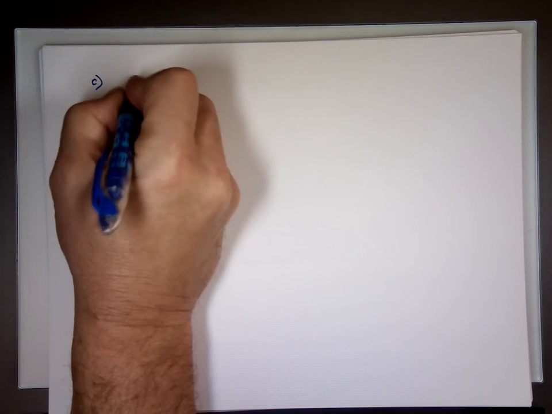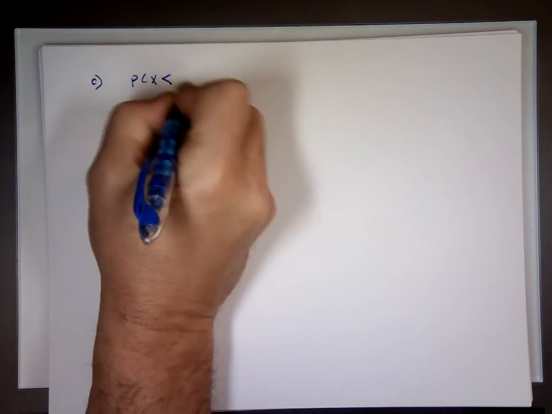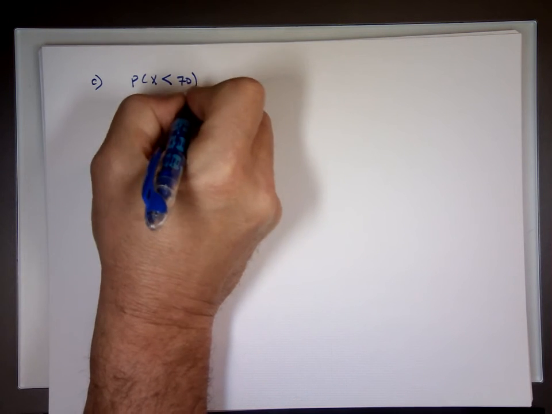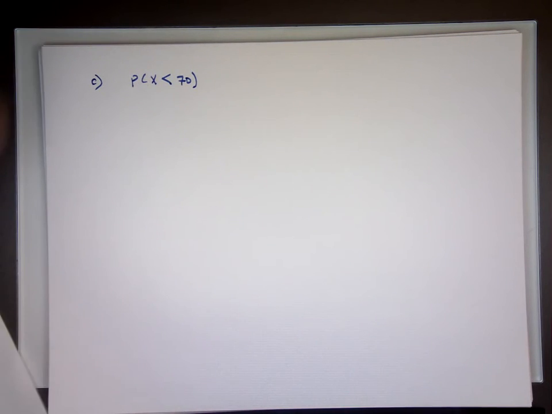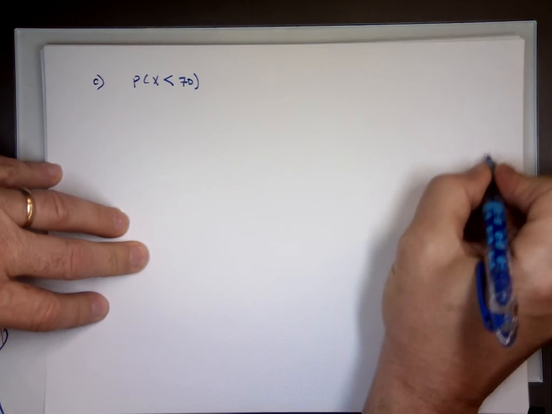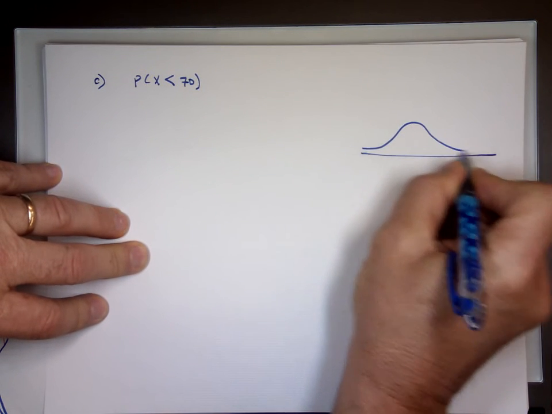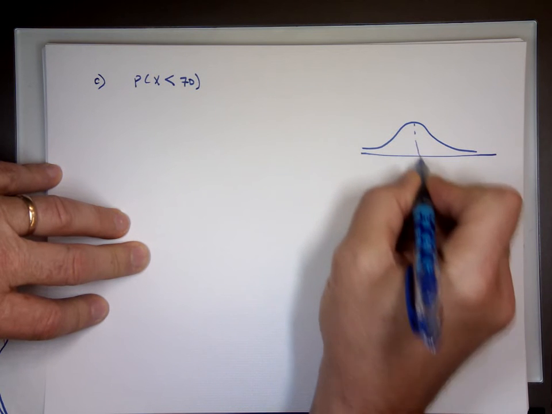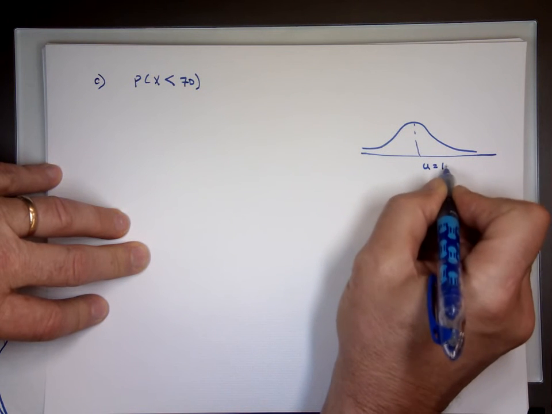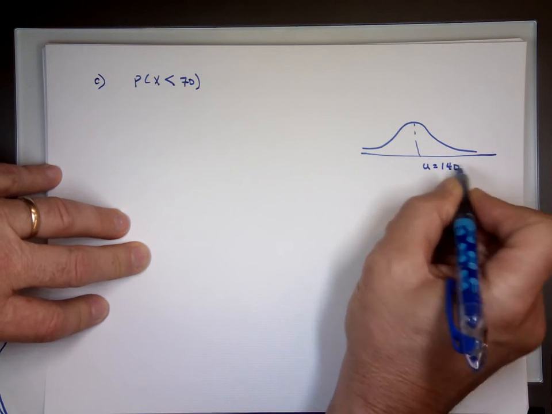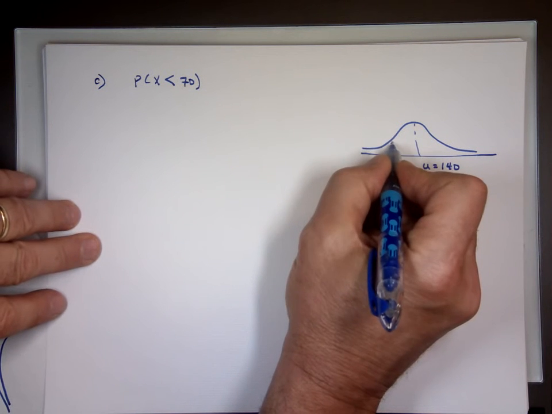Less than 70. 70 is not included here. So the 70 is right here, and I'm looking to the left of that.